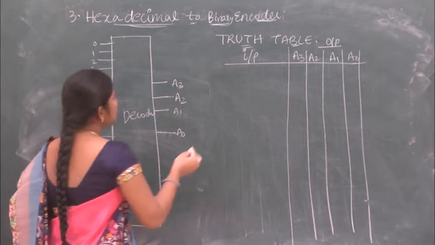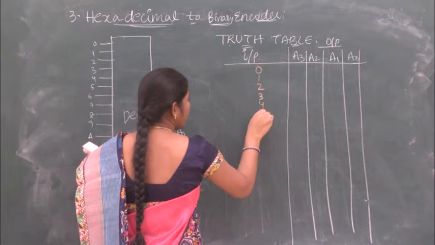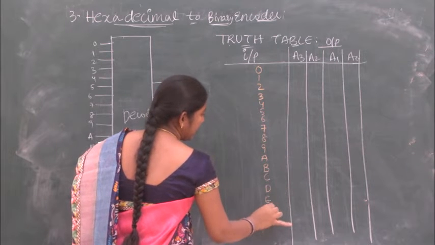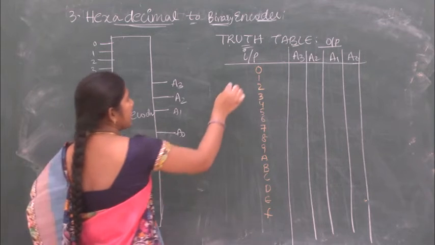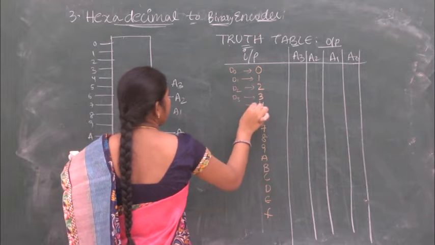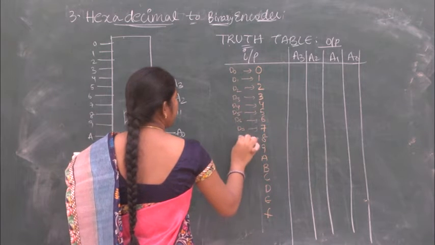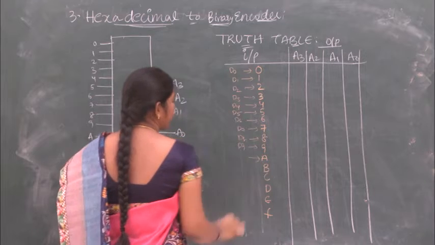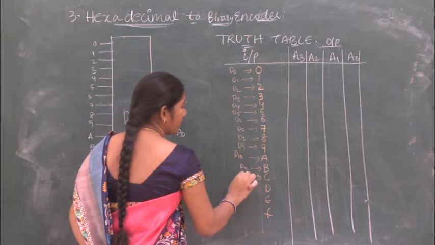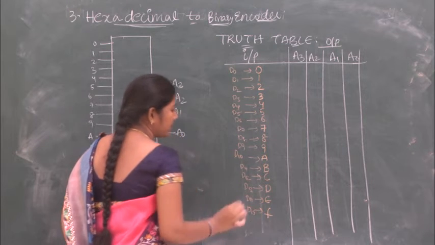Right? And inputs are hexadecimal numbers which are 0, 1, 2, 3, 4, 5, 6, 7, 8, 9, A, B, C, D, E, F. These numbers I can consider as D0, D1, D2, D3, D4, D5, D6, D7, D8, D9 and considering A like 10 for better understanding, D10, D11, D12, D13, D14, F means 15, so D15.